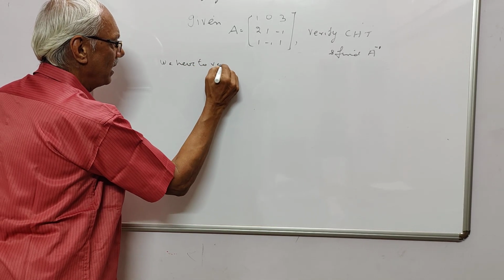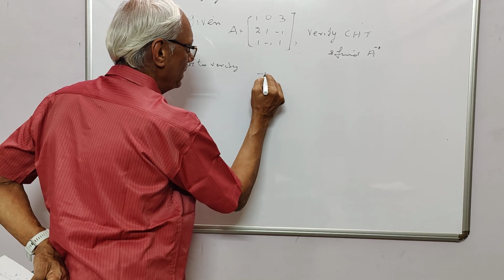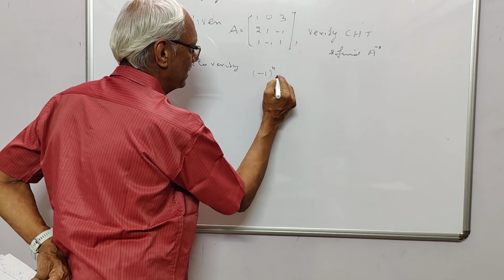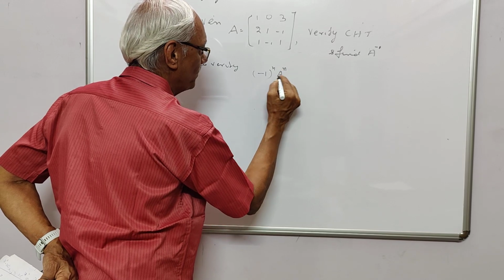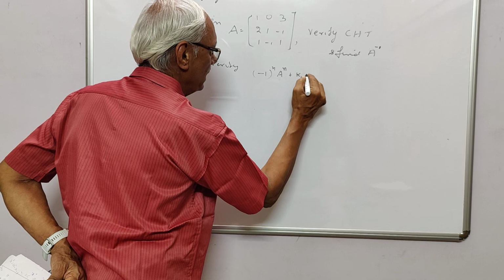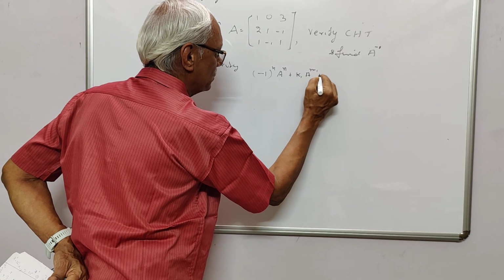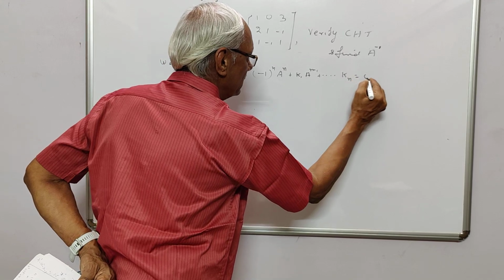We have to verify, what is that you will verify? Minus 1 to the power of n, A to the power of n, see whether this is 0. A to the power of n plus k1 into A to the power of n minus 1 plus dot dot dot. Verify whether this is true.